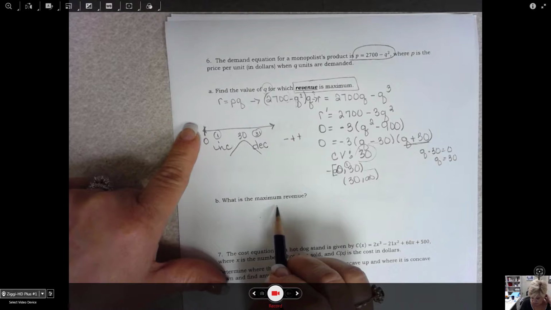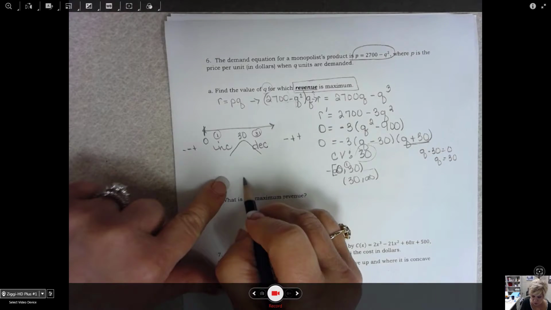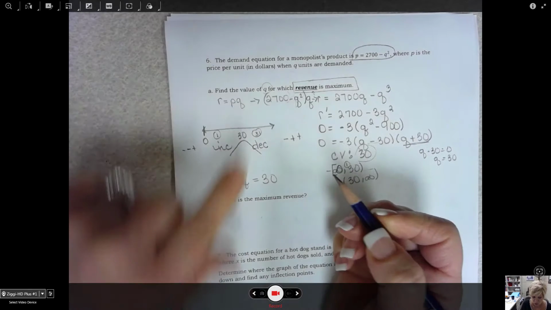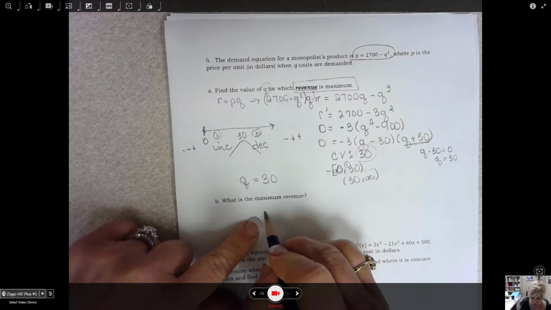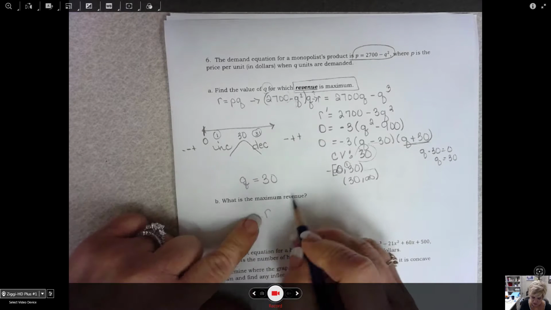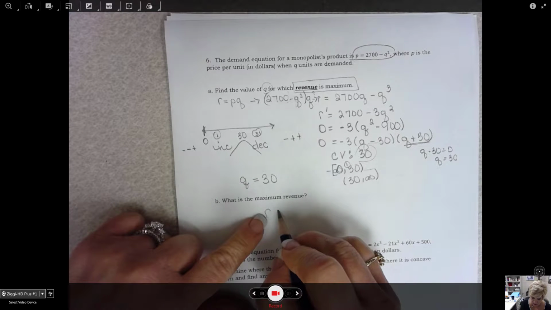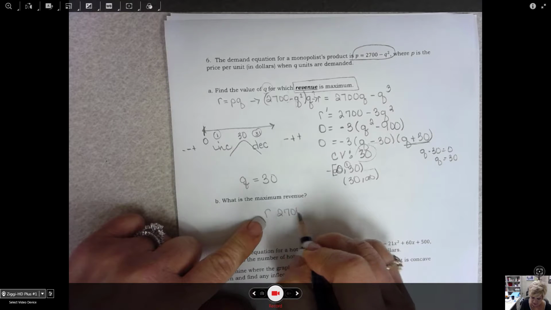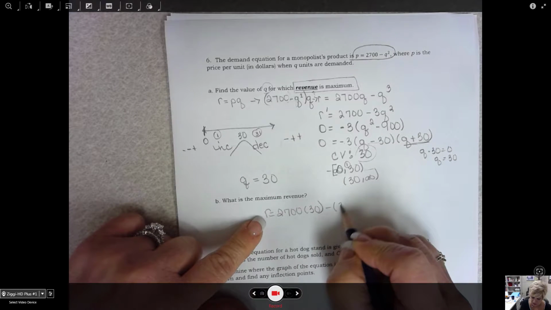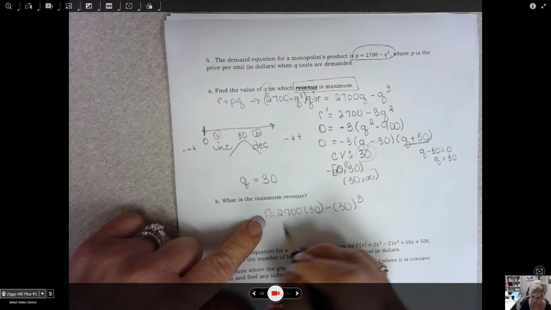What is the maximum revenue? Well, if I know I have a maximum when Q is 30, we can find our revenue by placing 30 in for Q into our revenue function. So 2700 times 30 minus 30 cubed.